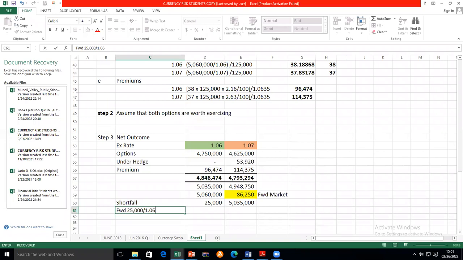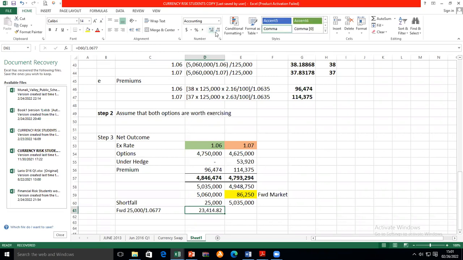So we have that divided by 1.0677. This is the amount of money that will be hedged.